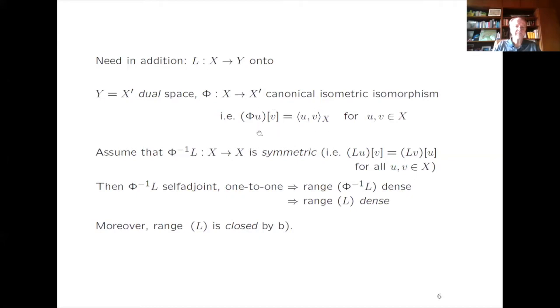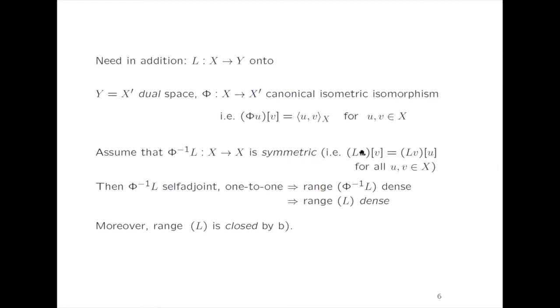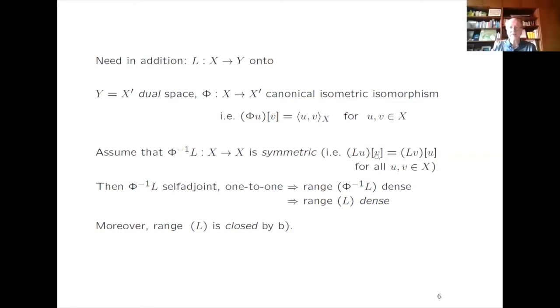And we assume, that is an additional assumption I want to make here, that phi inverse L, the mapping from X to X, is a symmetric operator, which means that LU, now we are in X prime, applied to V is the same as LV applied to U. It has to hold for all U, V in X. That's, in applications, the usual symmetry assumption on differential operators.